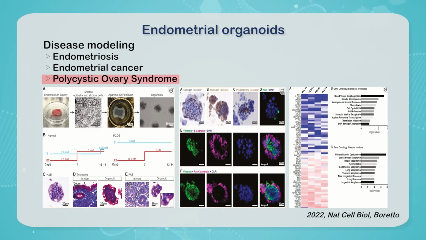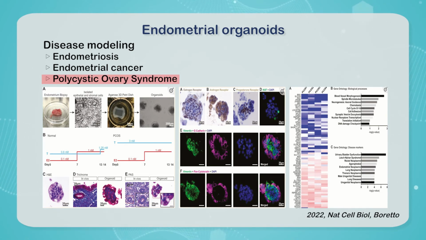Scaffold-free EMOs comprising endometrial epithelial and stromal cells from human endometrial tissues are shown here. These organoids exhibited functional characteristics of the normal endometrium in response to follicular phase estrogen and testosterone.